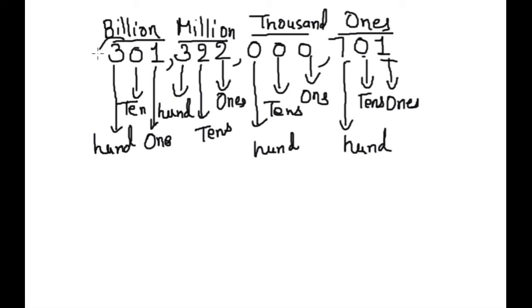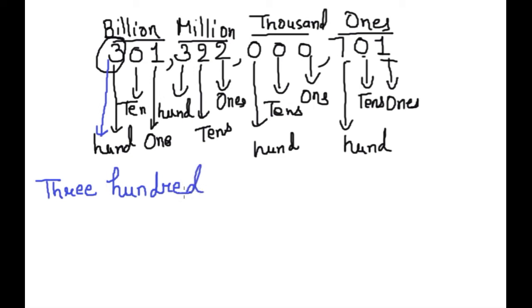Now start from 3. The place value of 3 is 100. Now come to 0. Now 1. So we will write 1. The place value of 1 is ones. This period ends here, so we will write billion.